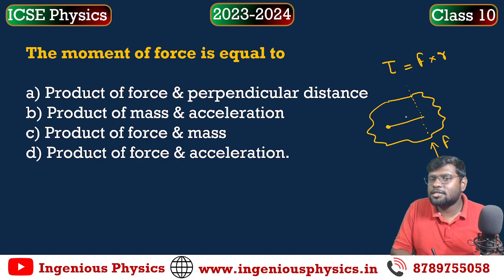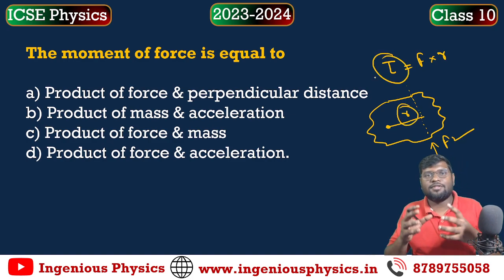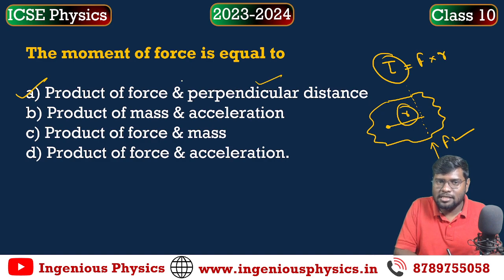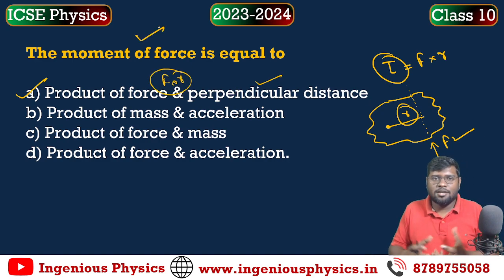The perpendicular distance will be r. So the product of this applied force and this perpendicular distance is torque. With the help of this formula we can identify that among the 4 options, the first one is correct. Why? It is written product of force and perpendicular distance, that is F into R, that will represent the moment of force, that is torque, right?